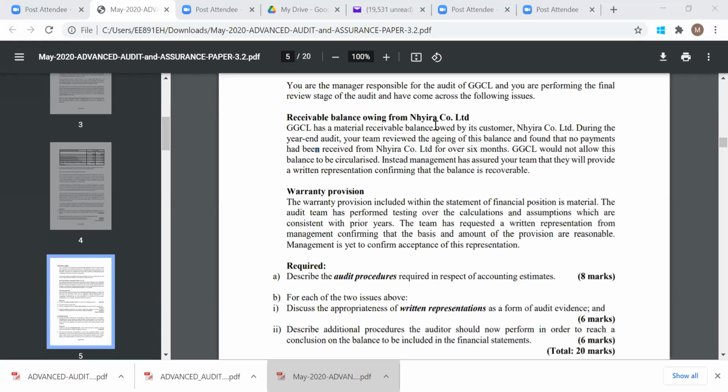There seem to be other forms of evidence, like the aging balance. That's one good form of evidence when we are looking at the receivable balance. And so written representations might not necessarily be the best when it comes to receivable balances. Does it make sense? If it doesn't, I can explain again.